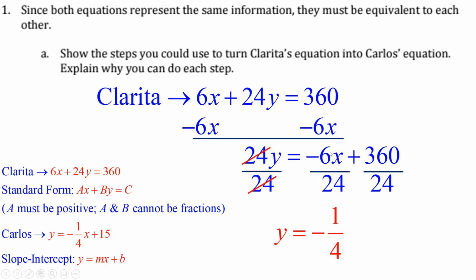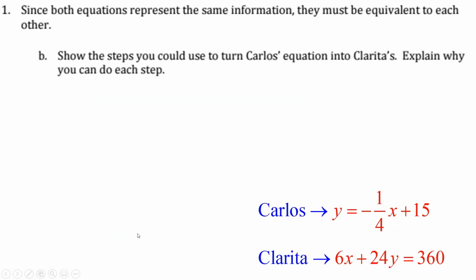And then you still have that factor of x right there, plus 360 divided by 24, let's punch that out on our calculator. 360 divided by 24, and I'm getting a 15. And let's take a look. y equals negative 1/4 x plus 15. And Carlos's equation was y equals negative 1/4 x plus 15. There we go. 1A in the books.